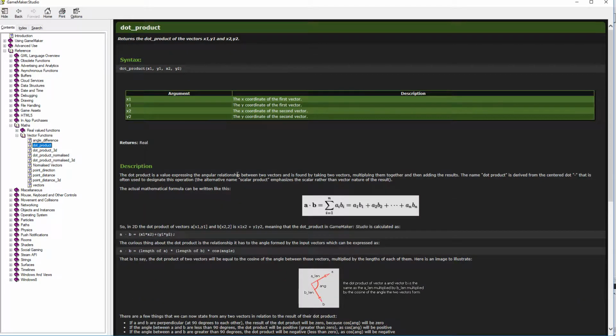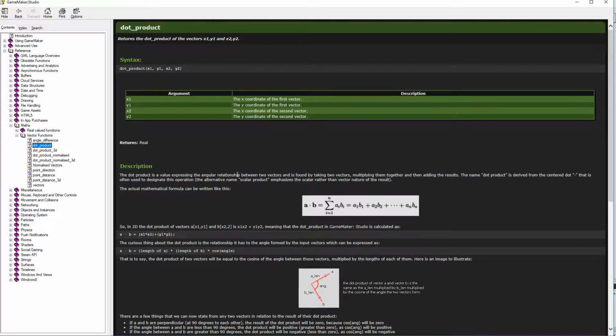Okay, so what's a dot product? The dot product is a value expressing the angular relationship between two vectors and is found by taking two vectors, multiplying them together, and then adding the results. The name dot product is derived from the center dot that is often used to designate this operation.